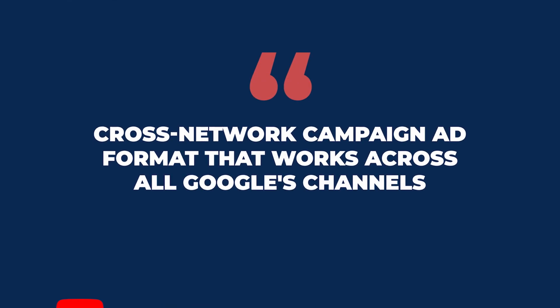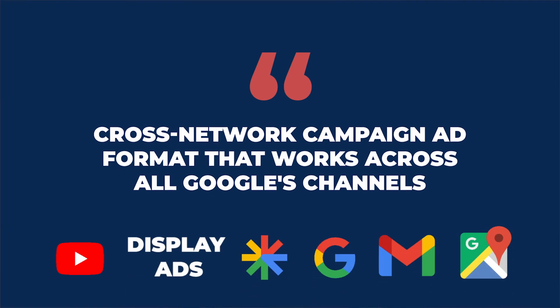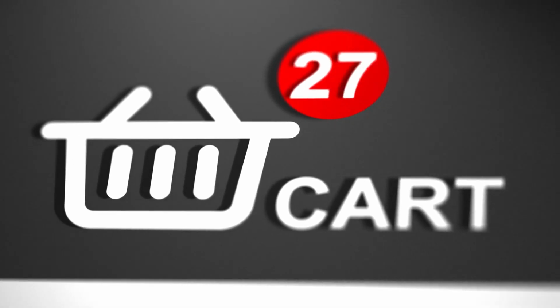It goes across YouTube, Display, Discover, Search, Gmail, and Maps, the whole suite of Google products. We're still investigating and testing this ad format, but we've had some clients get positive results. We just started testing it with some e-commerce clients and they're getting some good results. However, that's something we'll make a video about later. But just to let you know, Performance Max is something we're currently testing and there is some potential there. So I would encourage you to check it out.